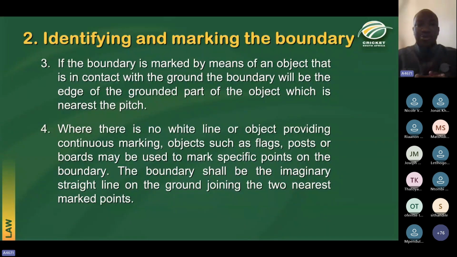On a few fields where unfortunately boundary ropes get stolen, I've seen teams using coaching cones to mark the boundary with about 5 meters distance between each cone. So what the law is telling us here is that we need to imagine a straight line between each cone, and that is demarcating the boundary.